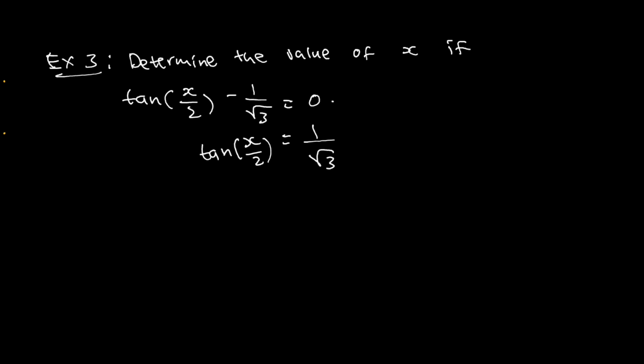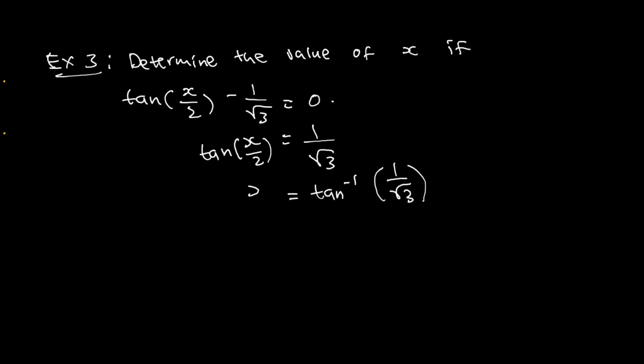Now look at that. What do you have? You have tan. Now, when tan moves to the other side, remember we need to eliminate it so that we can be left with x. So when tan moves to the other side, it becomes arctan, or tan to the power of minus 1. So it's going to be arctan of 1 over square root of 3.